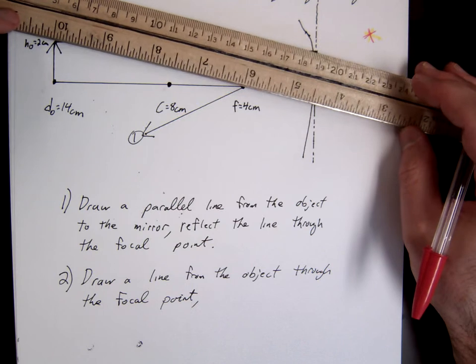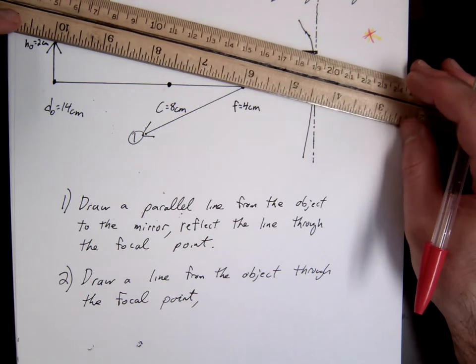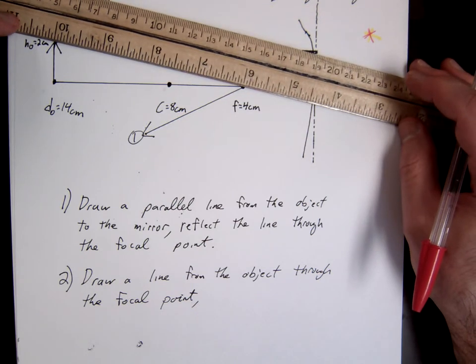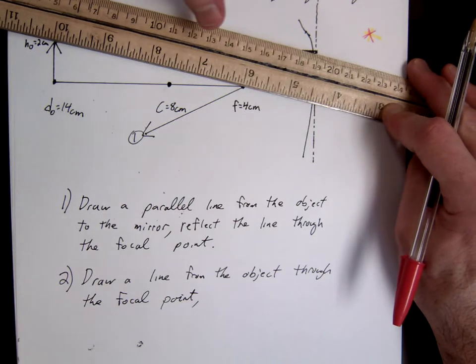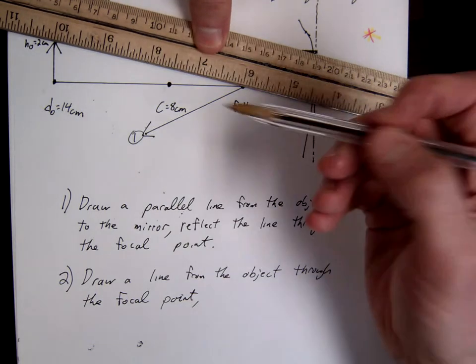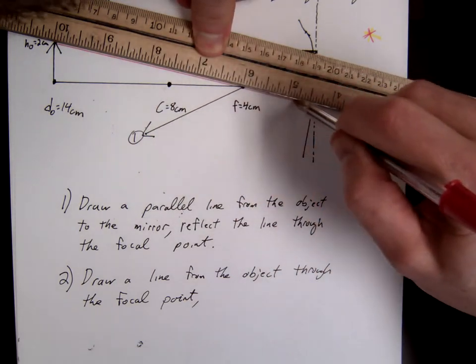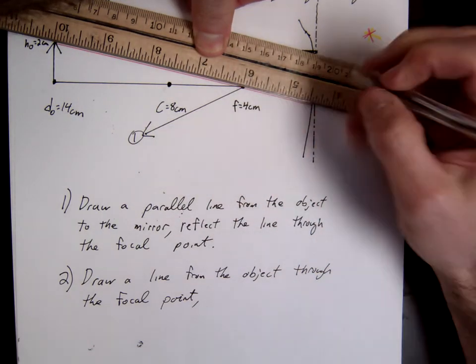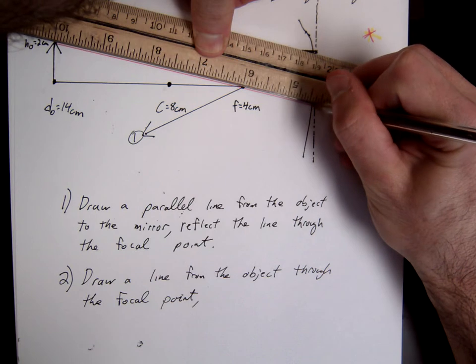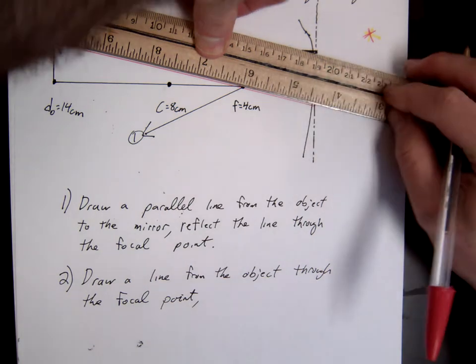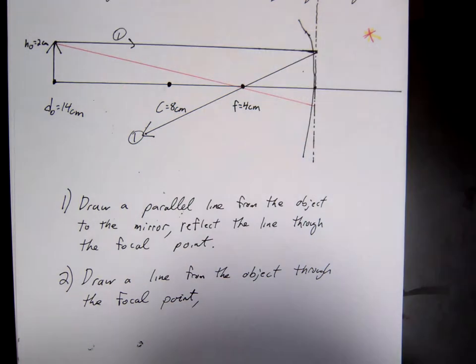You can take your ruler, line up F, and again, go all the way back to that vertical line back there.